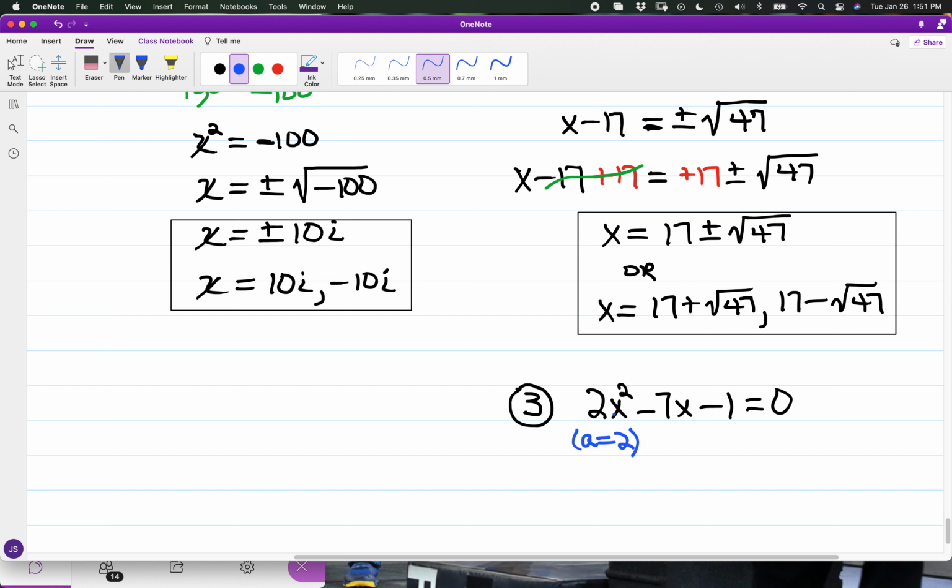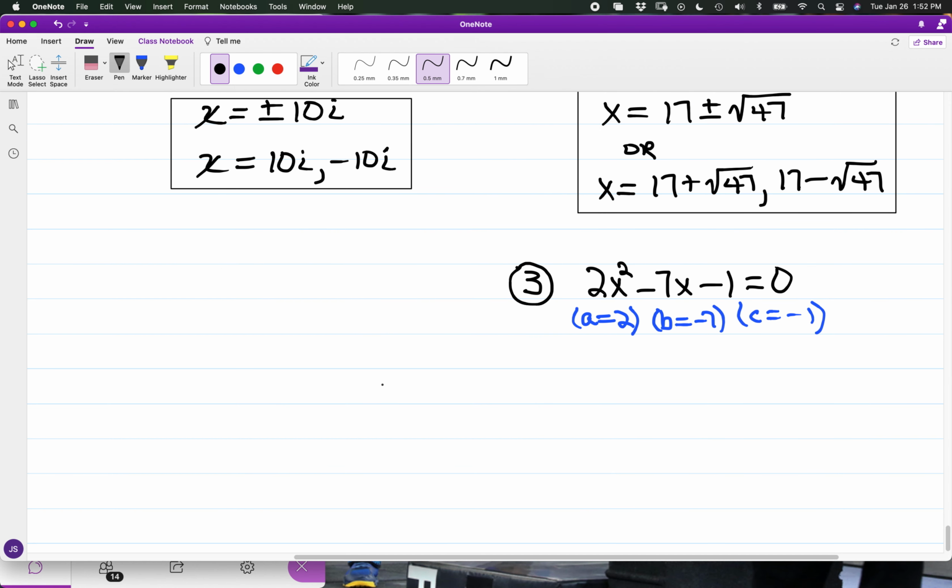Again, if I were to try to factor 2x squared minus 7x minus 1, I would not be able to, at least not in terms of real integer coefficients. So here we'll have a at 2, b at negative 7, and since I have minus 1 at the end, c is equal to negative 1.